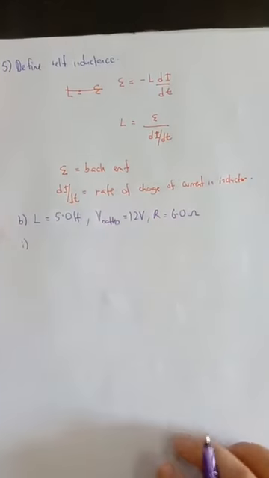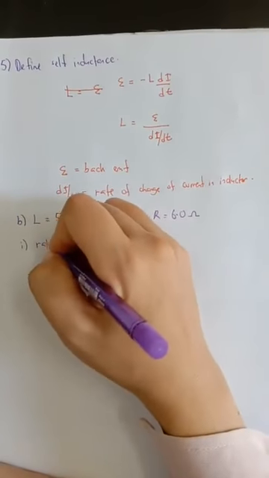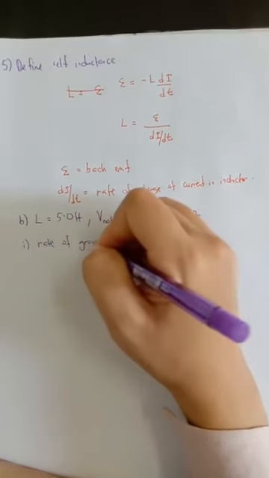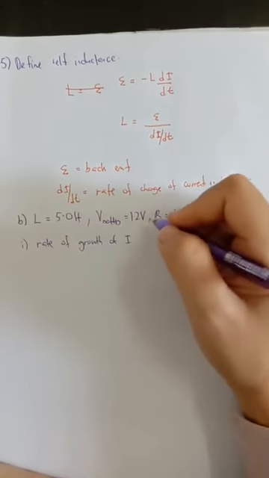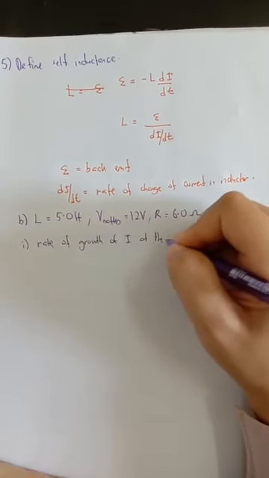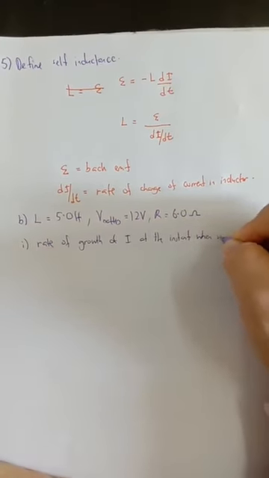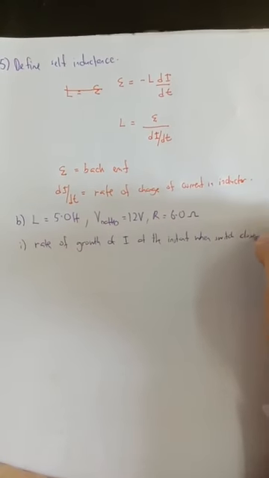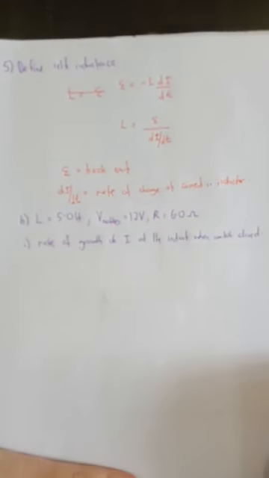Number 1, rate of growth of I at the instant when switch is closed. So we want to find the rate of growth of current when the switch is closed.